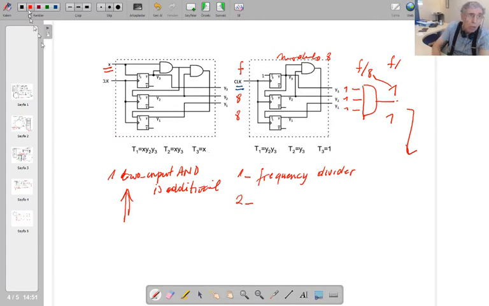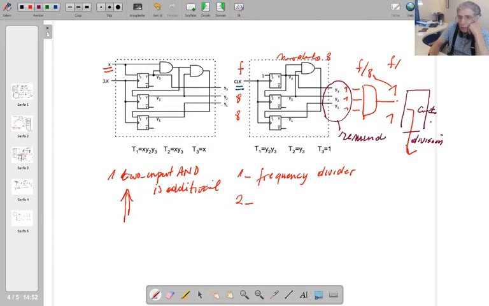If you put a counter here which counts this one, for each 8 clock pulses you've got 1. So how many 8 groups pass through, you can see in that counter. So that is division, isn't it? What is the remainder? The remainder is the value that you see at this output. So you've got a division circuit.